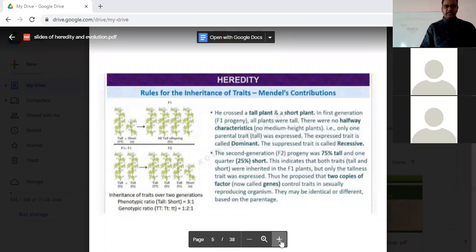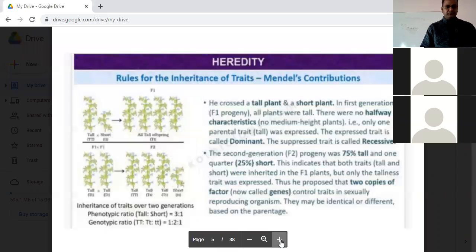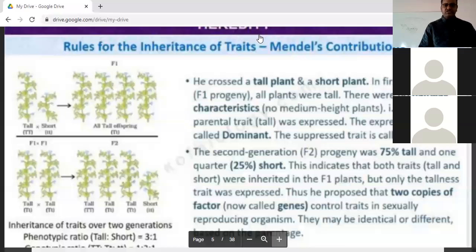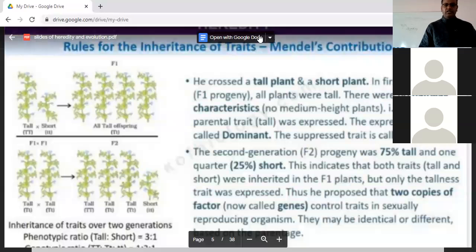Yes, you can see over here on the screen also. Tall is represented by capital T, and short is represented by small t. And when they are crossed to get the F1 progeny, all plants in the F1 progeny are tall and their genotype is capital T, small t.